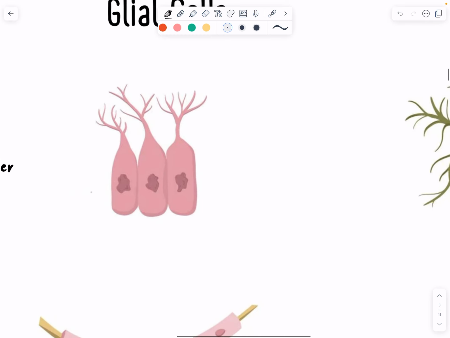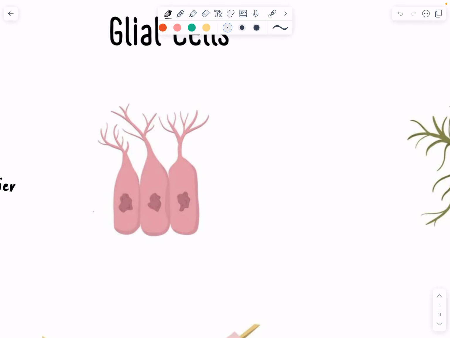Next, we have these cute little ones that kind of look like epithelial cells. If you thought of this being the lining, this looks like a simple columnar epithelial cell with just these extensions on the top, essentially. And it kind of is that. Its name is an ependymal cell.